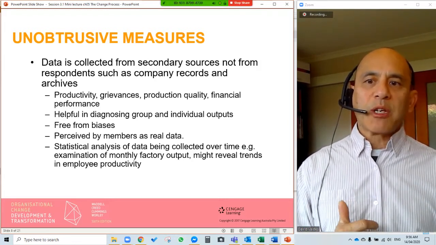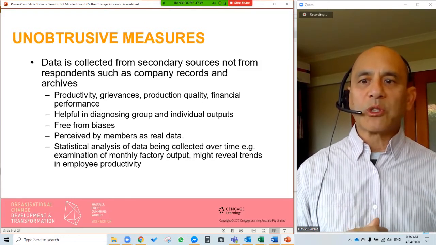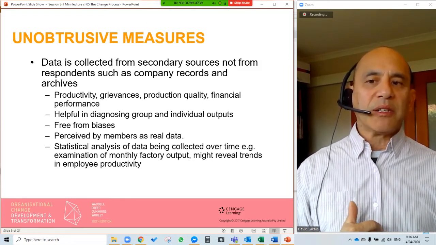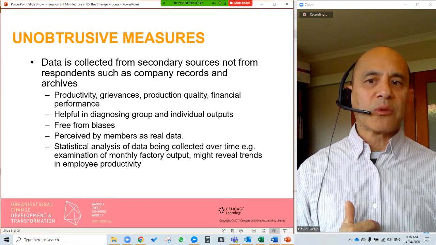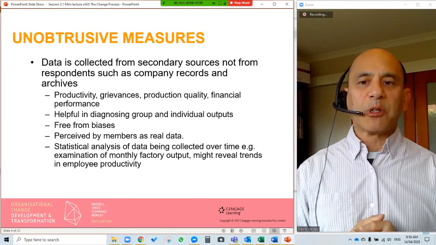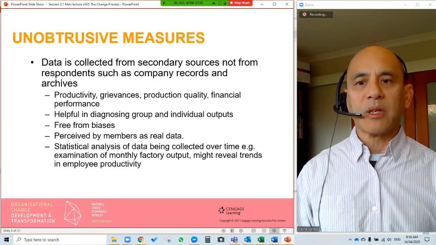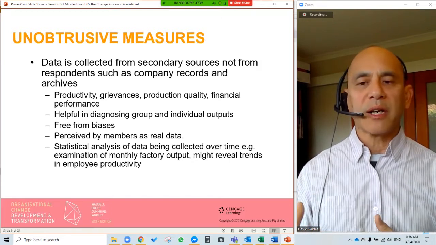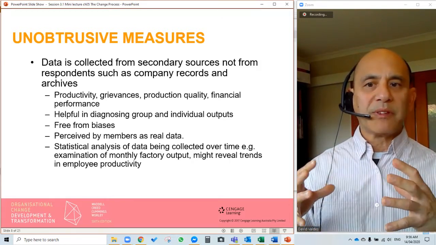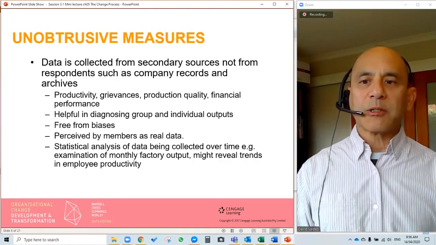So unobtrusive measures are helpful in diagnosing group and individual outputs. And the good thing about it is they're free from biases. In other words, we're not looking at a person's personal feelings about a problem. When we do an interview or a questionnaire, that's usually tainted or affected by our own personal biases.